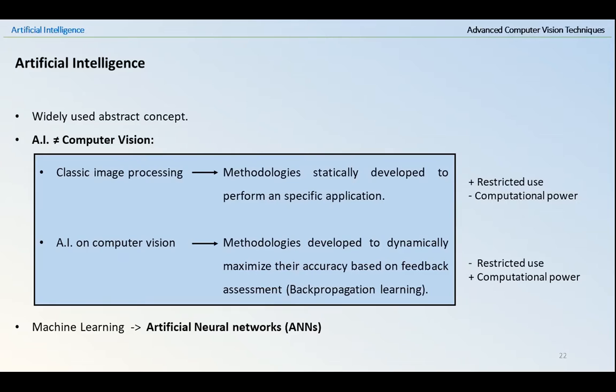More or less they try to emulate our reasoning. How do we know that we are seeing a chair? Because we have previously seen lots of chairs, but we don't know why we know that. We don't know if we look for the color. We can't rely on colors because there are a lot of different chairs, but we still rapidly identify that as a chair. So the concept is similar.